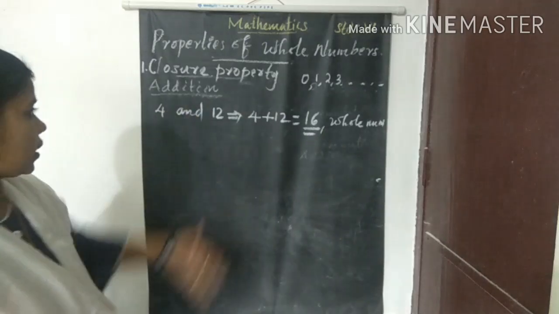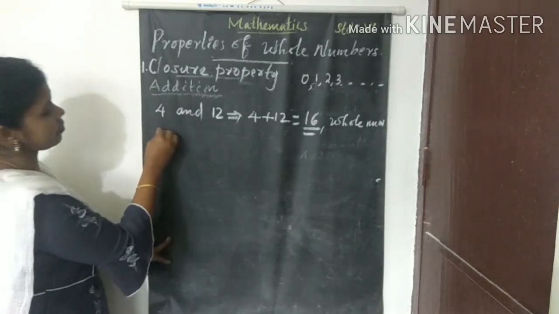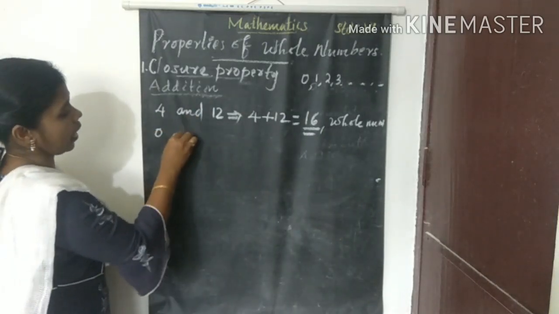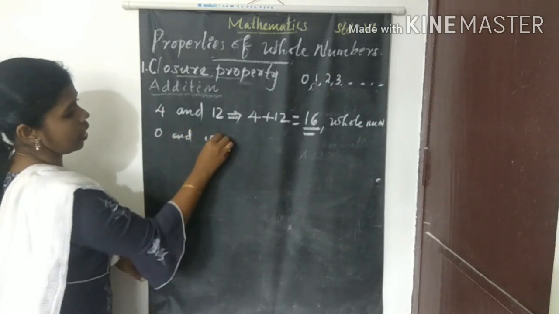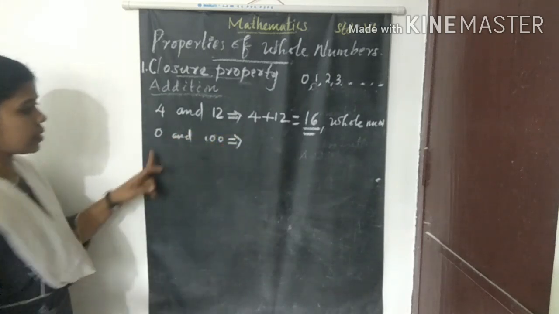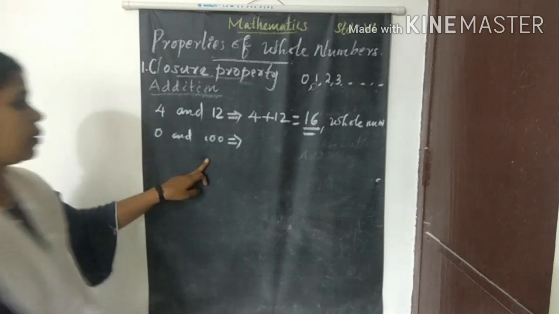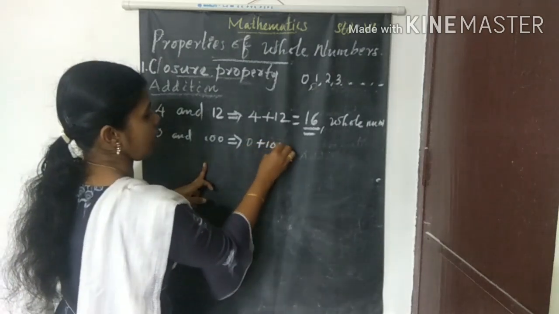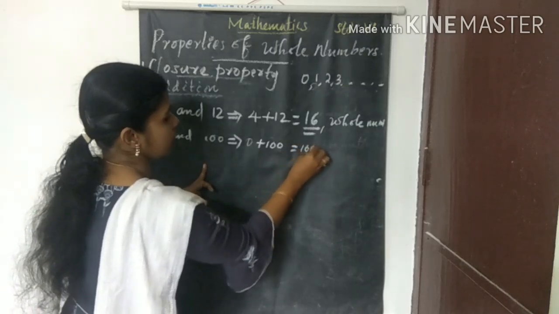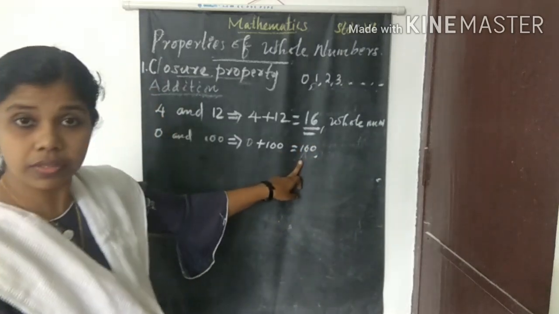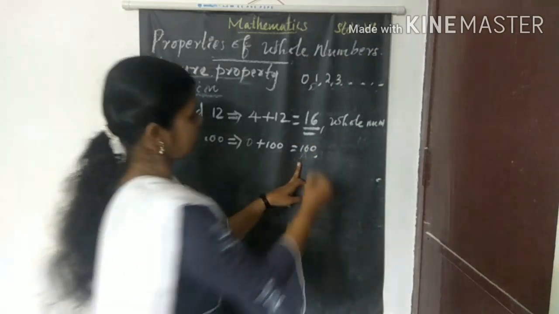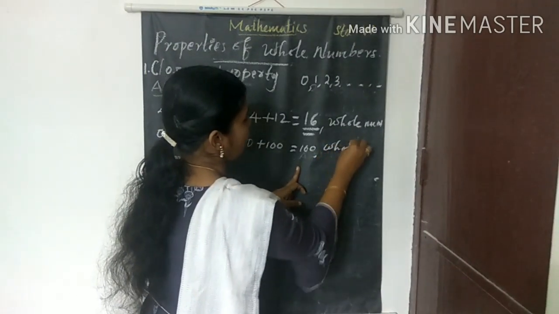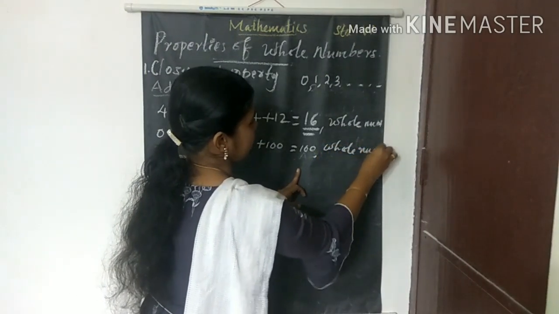Then I take another example, 0 and 100. What is the sum of 0 and 100? 0 plus 100 equals 100. Is 100 a whole number or not? Yes, 100 is a whole number.